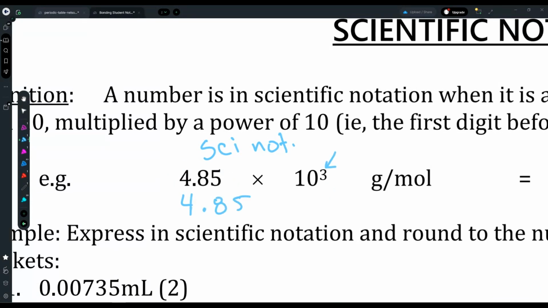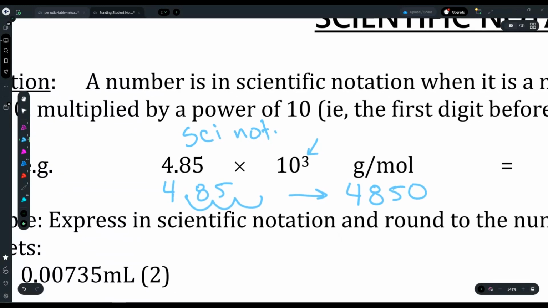So because it's 3, and because it's positive, in order to convert from scientific notation to the original number, I need to move the decimal so that the number gets bigger than 1. Because the exponent is 3, I'm going to move it 3 times to the right. So 1, 2, 3, which is how we get 4,850.